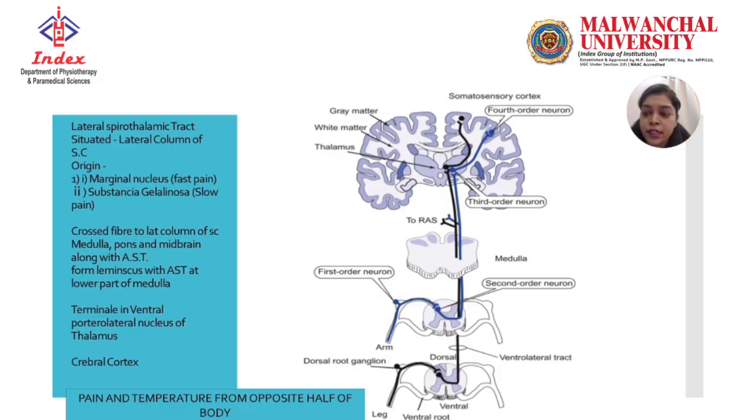Now if we talk about the lateral spinothalamic tract, it is situated at the lateral column of the spinal cord and its origin is the marginal nucleus and substantia gelatinosa.